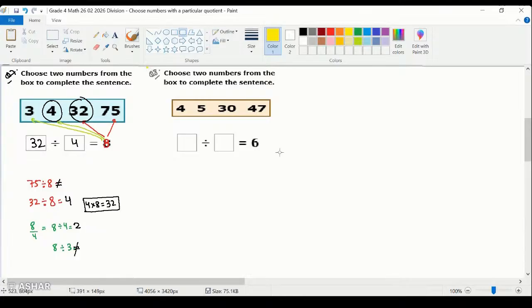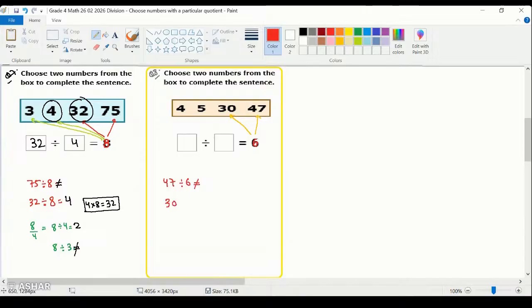The four numbers that are given to us are 47, I just told you the rule. If it's a larger number, then the larger number is divided by the quotient. So what we can say is 47 is divided by 6. We do not get a perfect number as an answer.